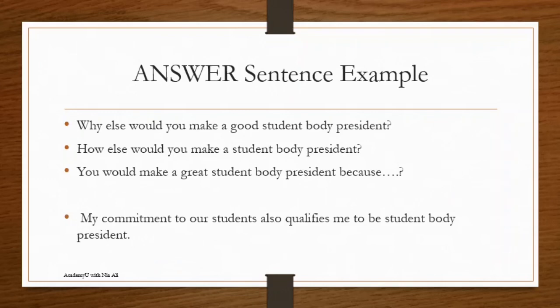How else would you make a good student body president? And you will make a great student body president because, so you're asking yourself all of those questions all over again, and this time you're coming up with another reason. And our sentence example is, my commitment to our students also qualifies me to be student body president.